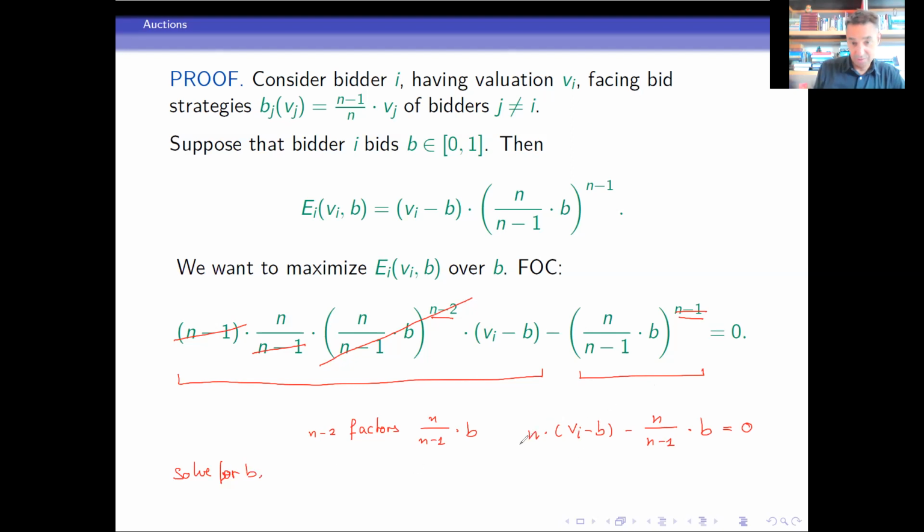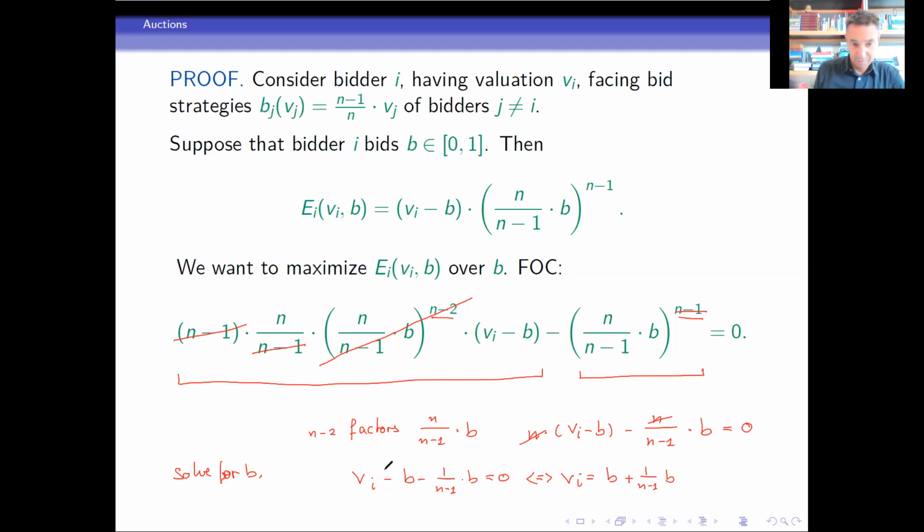Well, one more thing that you can do is to throw out the n. So what I have left is this, in other words, this, right?